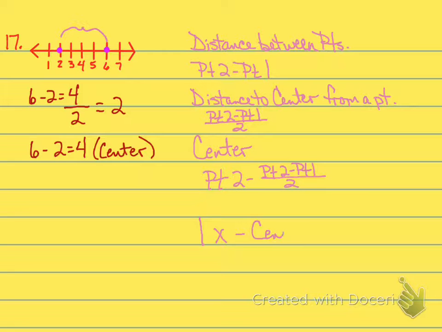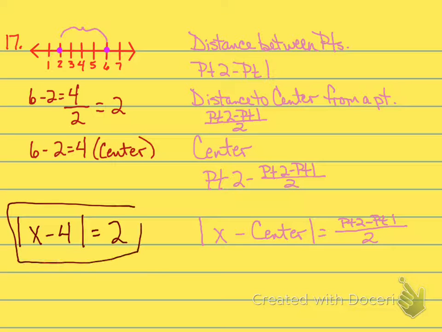So the distance to the center from either point, divided by 2, is 2. In order to find my center, I'm going to take point 2, which is 6, and subtract the distance to the center, which is 2, and that will give me 4. Okay?